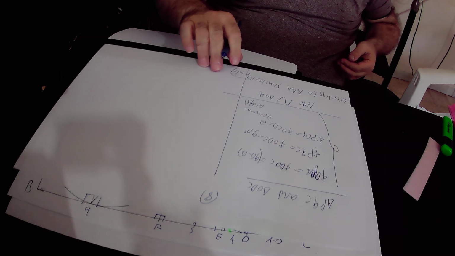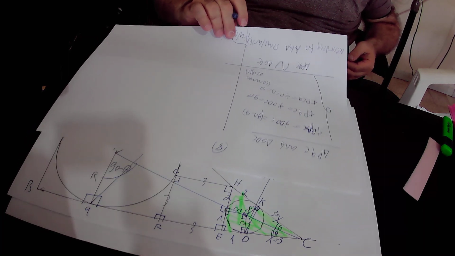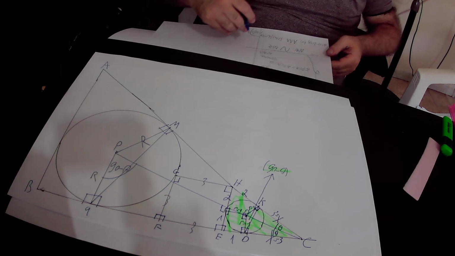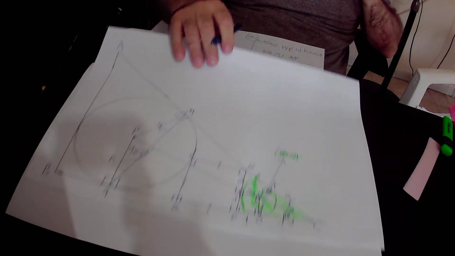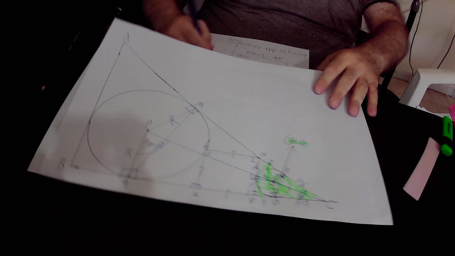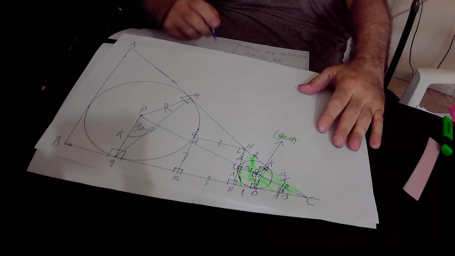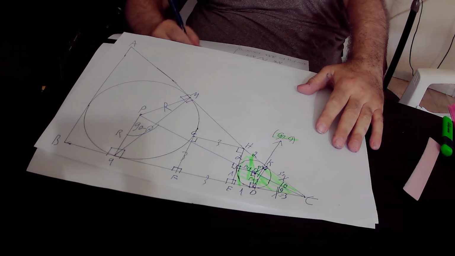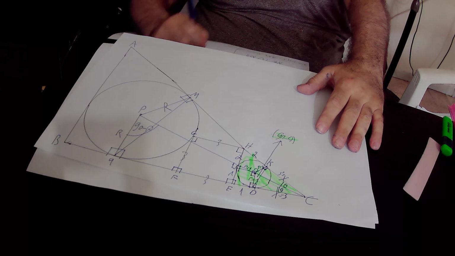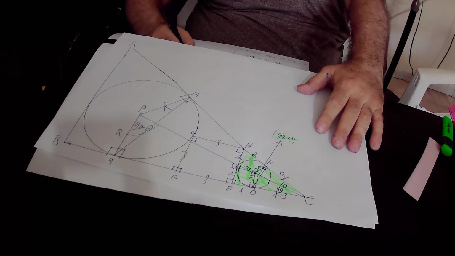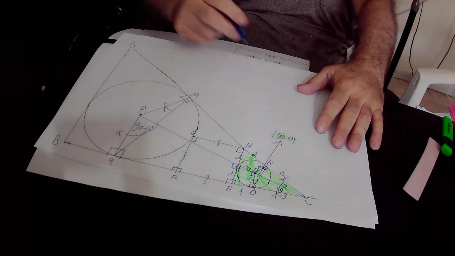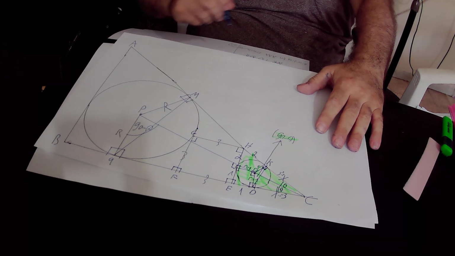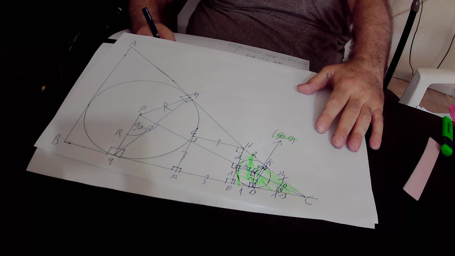And from the fact that the two right triangles are similar to each other, we will derive that the following relationship exists between their sides. We will derive that PQ in the big right triangle over OD in the small right triangle is equal to QC in the big right triangle over DC in the small green right triangle.